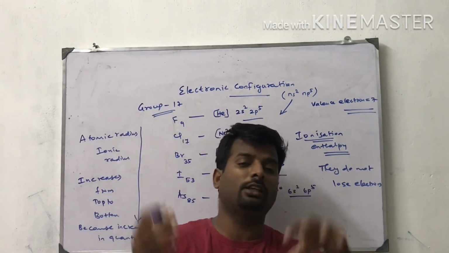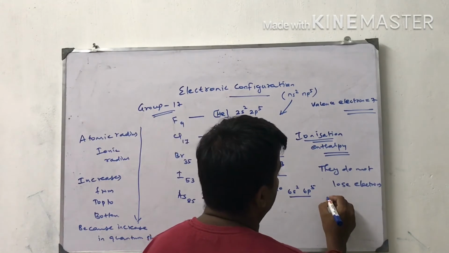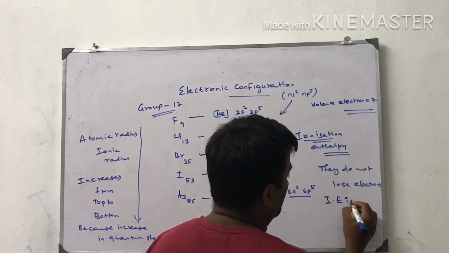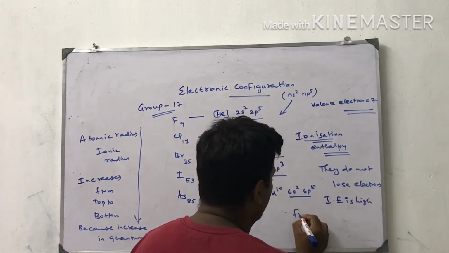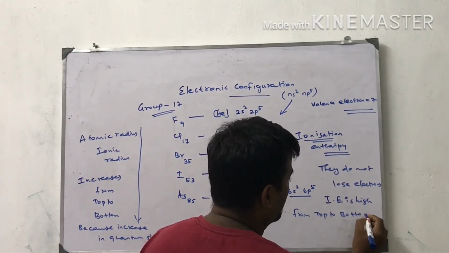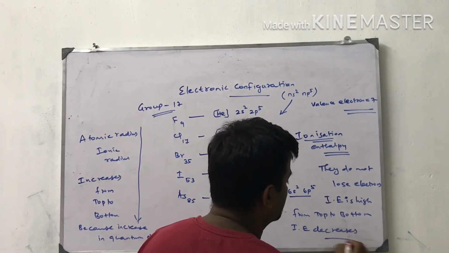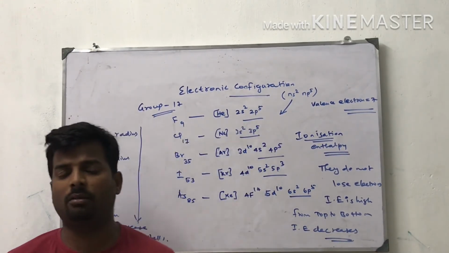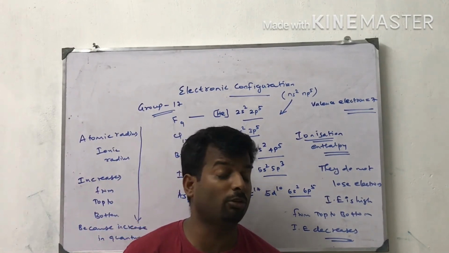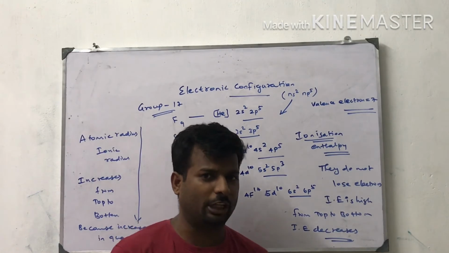So more energy is required to lose electrons, and ionization enthalpy is normally high. From top to bottom, ionization enthalpy decreases because size increases. If the size of the atom increases, the effective nuclear charge felt by the outer electron decreases. Therefore, ionization enthalpy also decreases.